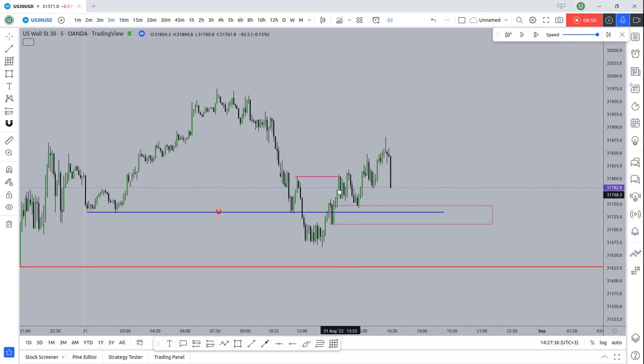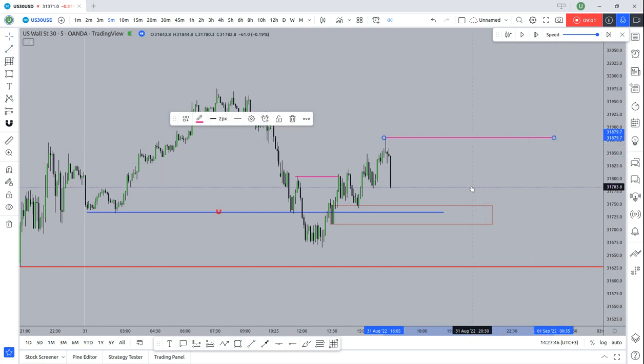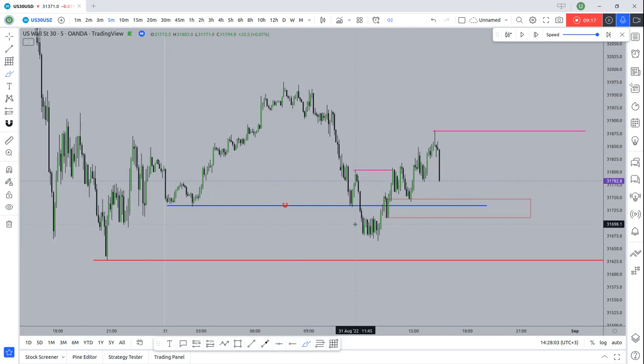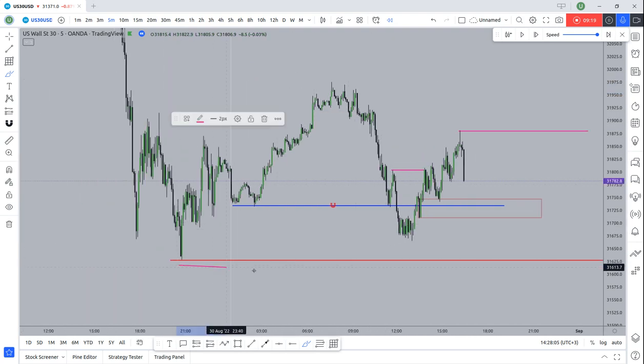So now, since we have a break in market structure, we have something else here. We have liquidity above this high. Since price took liquidity below these equal lows, the next liquidity is here on these highs. Also, there is liquidity here, but we have massive liquidity right here.